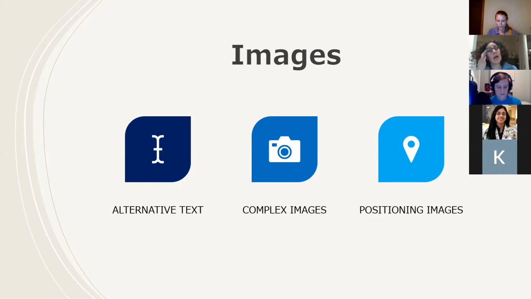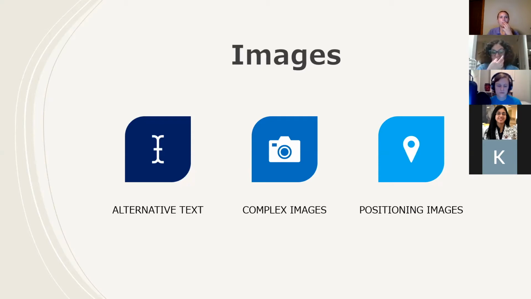For example, if you have a bar graph comparing student test scores, that would be a complex image because it's multiple students. You can write that out in your narrative and have the figure be a visual representation of that, so that the screen reader reads the text and that's connected to the figure itself. Or you can alternatively add a data table so that the data is more easily represented for someone using a screen reader.